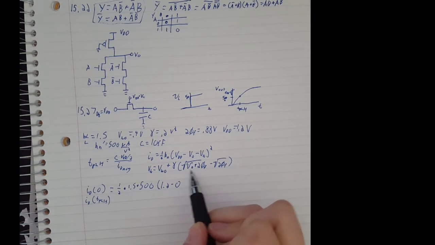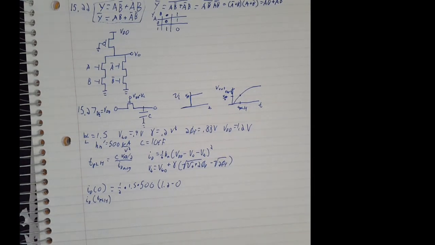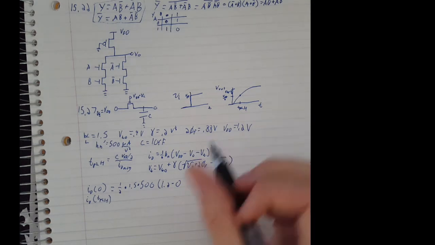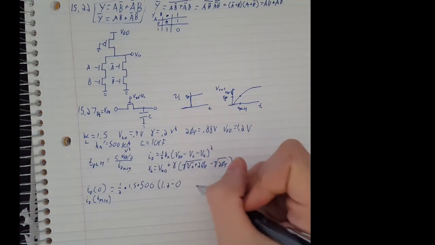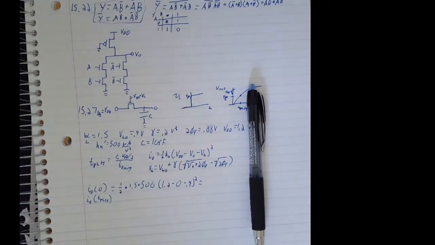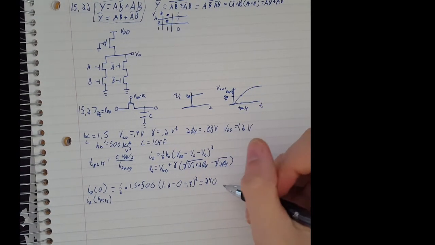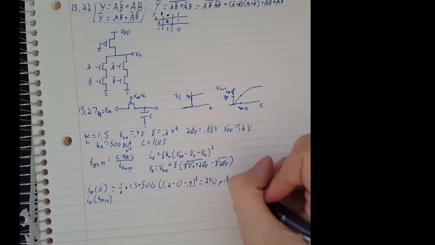Because this right here, V naught, is equal to 0, so it's square root of 2 phi f minus square root of 2 phi f. So our VT naught is 0.4 minus 0.4, all that squared. And that gives us 240 microamps.